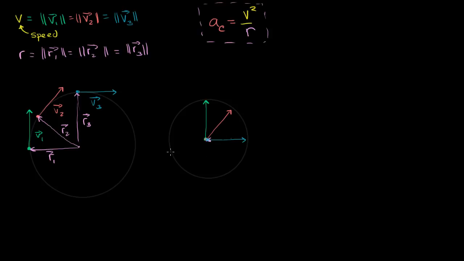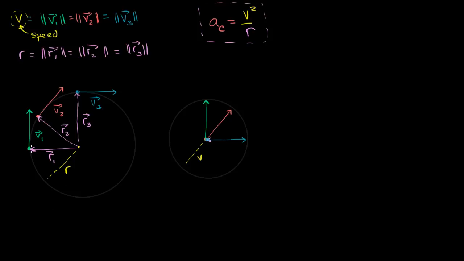And what is the radius of this circle going to be right over here? Well, the radius of this circle is going to be the magnitude of the velocity vectors. And we already know the magnitude of the velocity vectors is this quantity v, the scalar quantity. So the radius of this circle is v. The radius of the other circle, we already know, is equal to r.